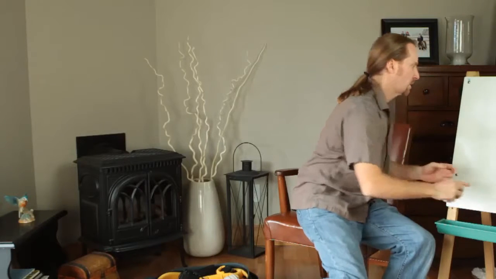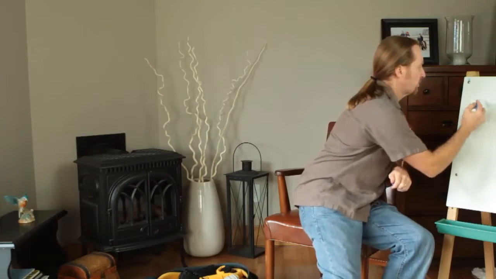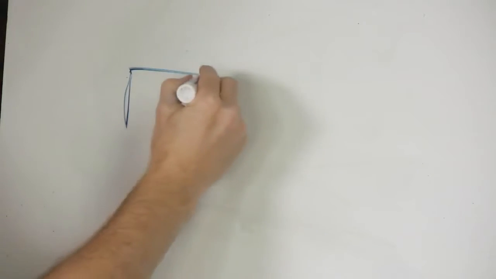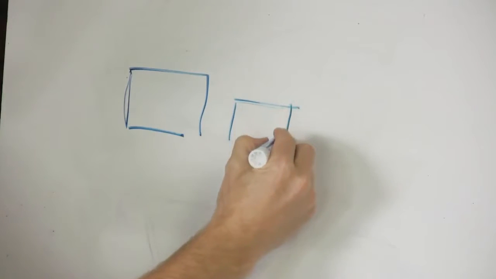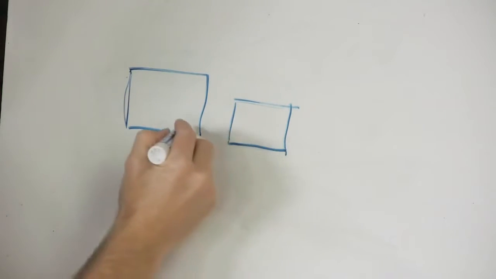I'll actually just show you quickly on the board what I mean. So now if we take the 2 sensors, so that'll be a full frame, and then the crop sensor, which is just over half the size.